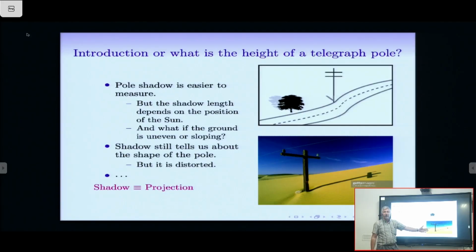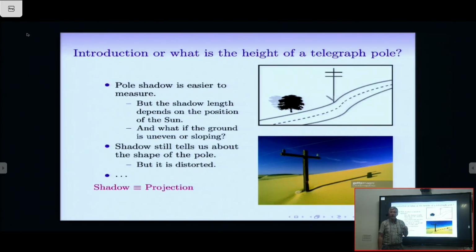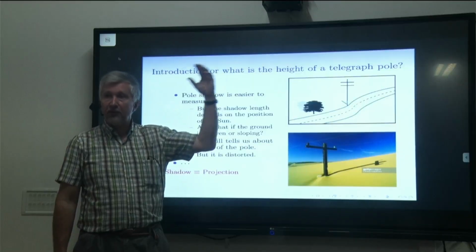What I'm talking about is shadows. Clearly what you see in a shadow depends on the position of the sun, right? The shadow of the same object, its shape, what it actually shows, will depend on the day, on the time of the day, and on whether there are clouds or not.